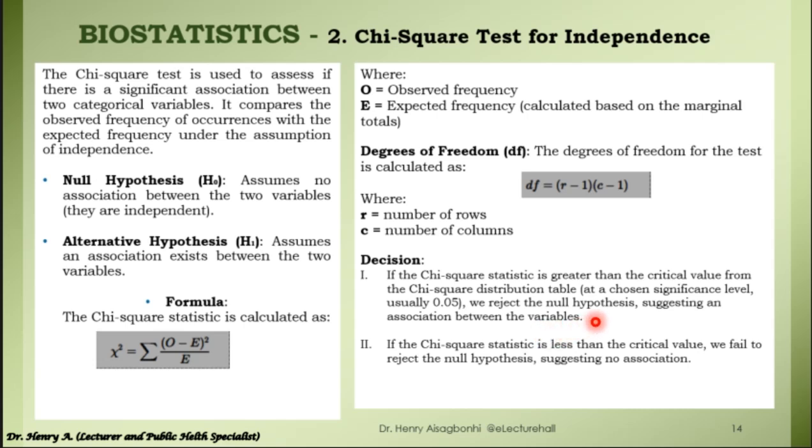But if the chi-square statistic is less than the critical value, then we fail to reject the null hypothesis, which simply means we accept the null hypothesis, which suggests that there is no association. So when you see p less than or equal to 0.05, it means that we accept the null hypothesis. When you see p greater than or equal to 0.05, it means that we reject the null hypothesis to accept the alternative hypothesis.